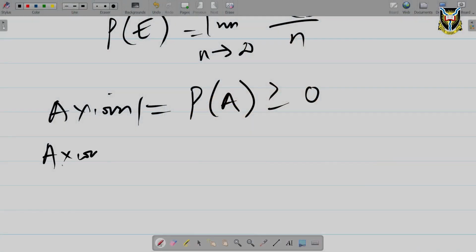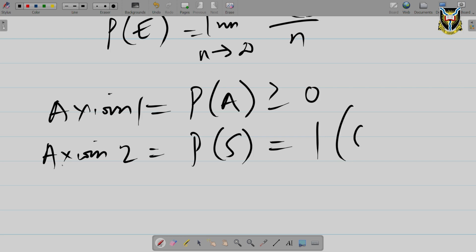Having said this, we move straight into axiom 2. For the assumption 2, we say that probability of S equals 1. And here, S is seen as the sample space, okay? And we call this a certain event, or certainty. Now, I give you an example.